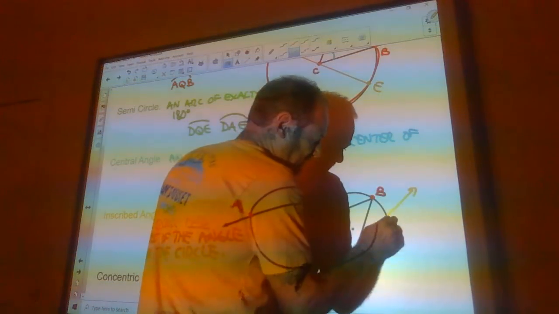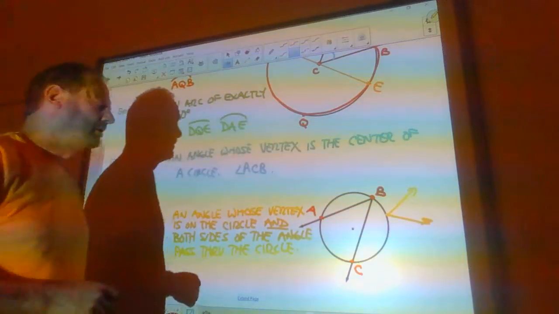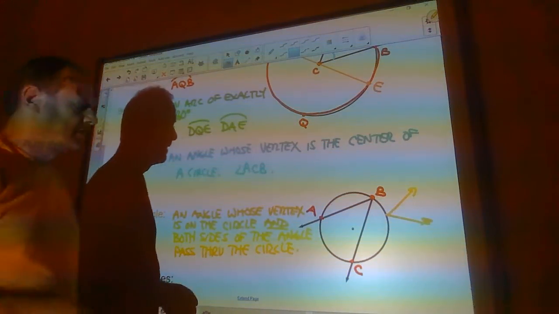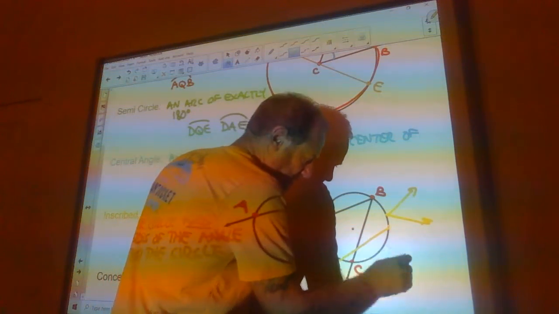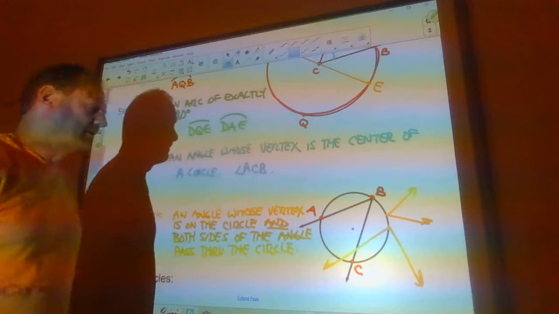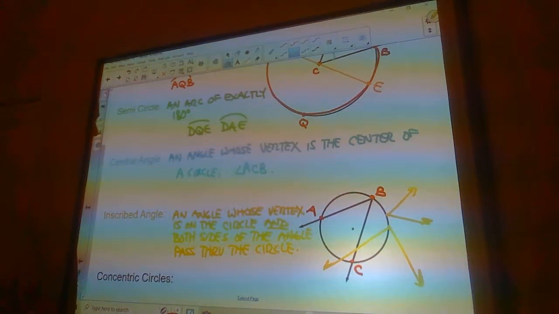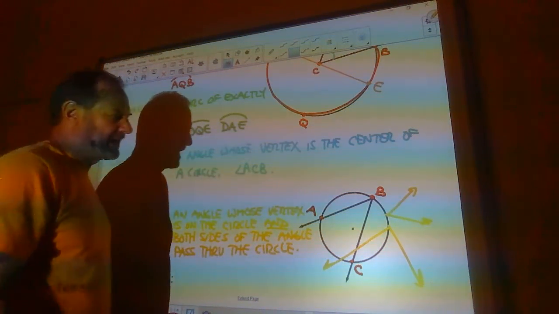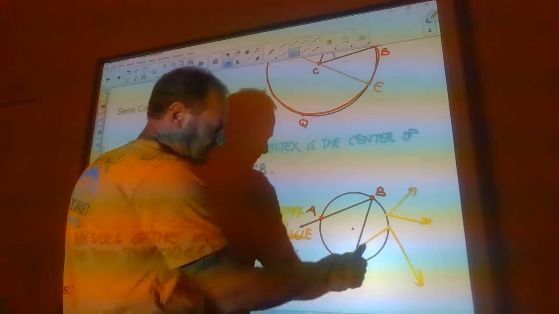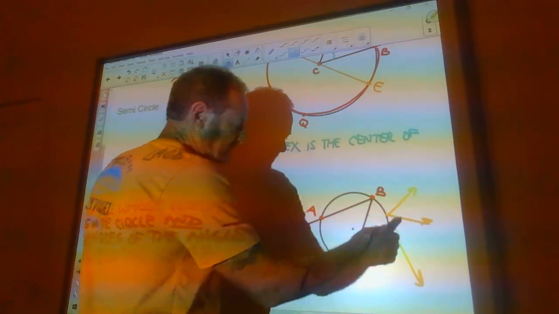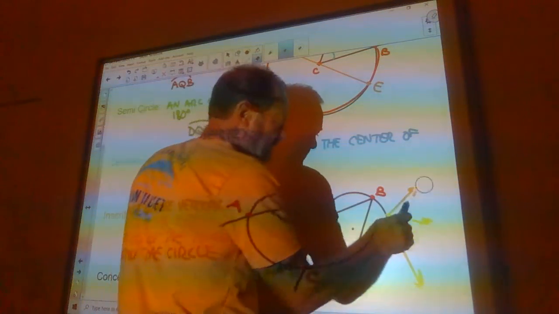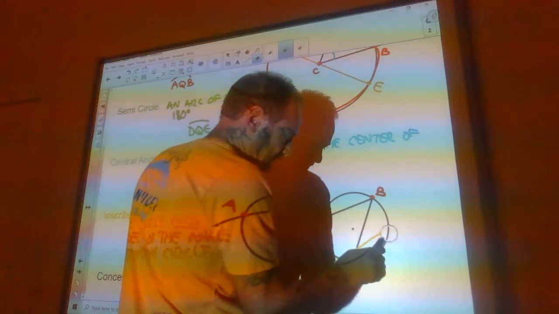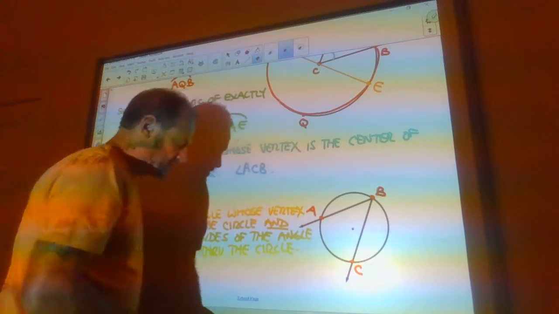This is not an inscribed angle. This is not an inscribed angle either. Those two things are not inscribed because both the sides don't pass through the circle. This one has one side that does, this one doesn't. This one, neither of the sides do. So those are not inscribed angles. We're going to go ahead and get rid of those.